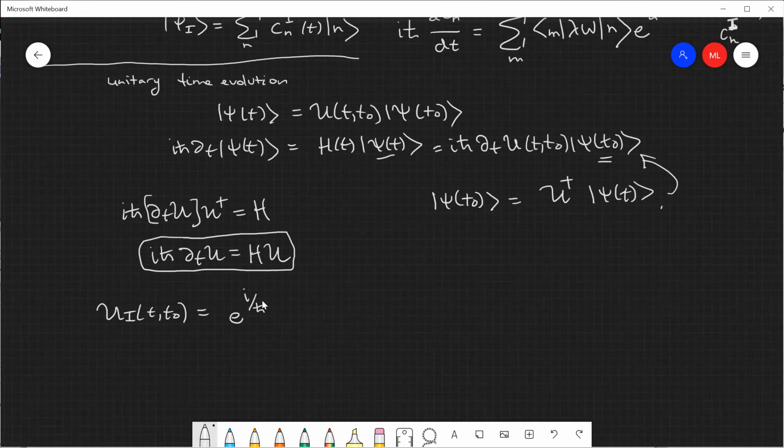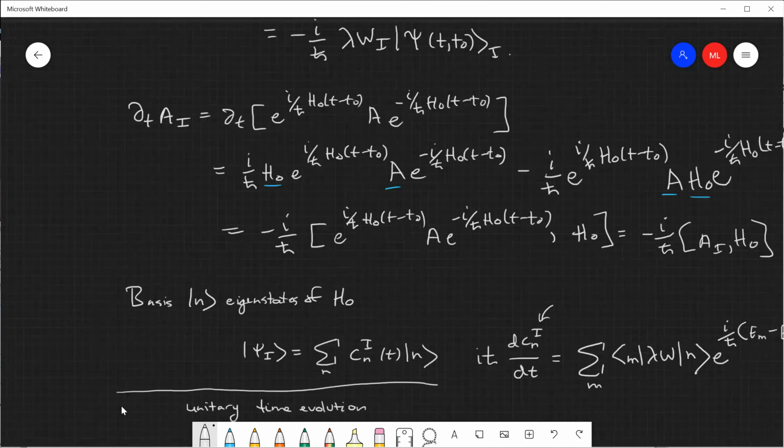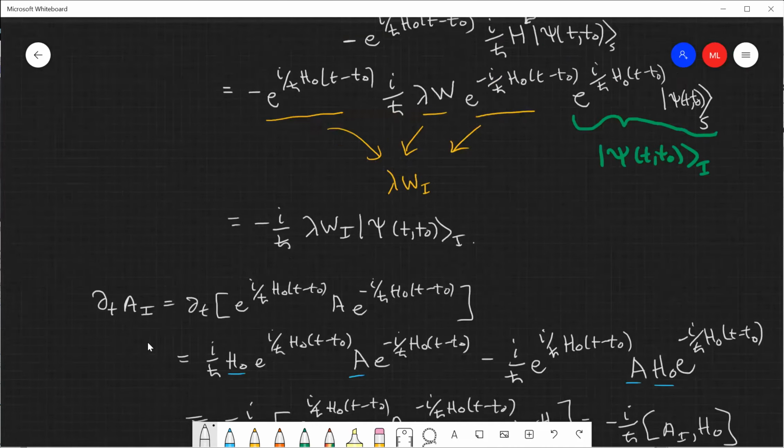And so in the interaction picture, this is just something important to keep in mind. In the interaction picture, the unitary time evolution transforms like this. So this is the regular time evolution you would have, and to move it to the Schrodinger picture, you'd multiply by this phase factor out front, just like we did for the states.